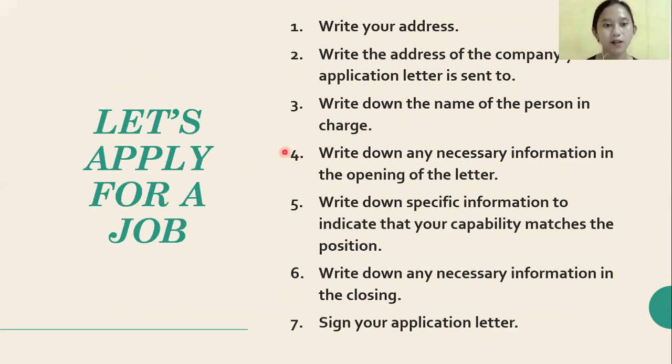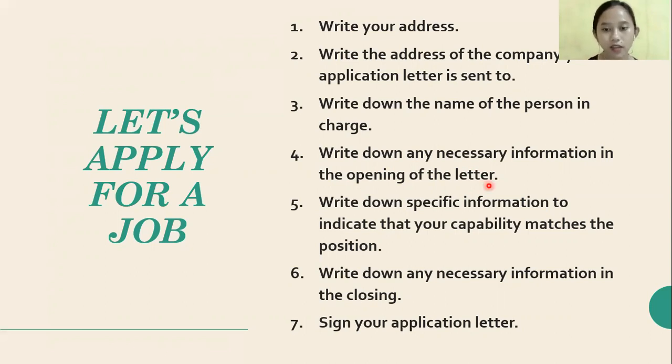Okay. First, write your address. So this is how you write the application letter. And then after you write your address, write the address of the company. And then write down the name of the person in charge, the PIC. And then write down any necessary information in the opening of the letter.